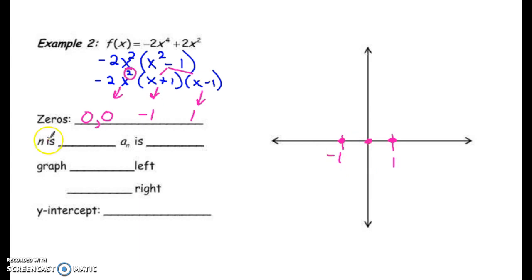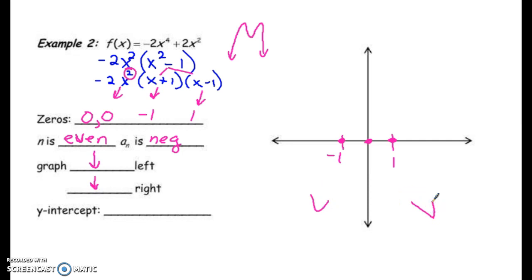Notice this n right here, that's even, and we have a negative. So guess what? This is going to go down, like that. That's what it's going to look like. So we start, let me write that down to here, down and down. Down here, down here.